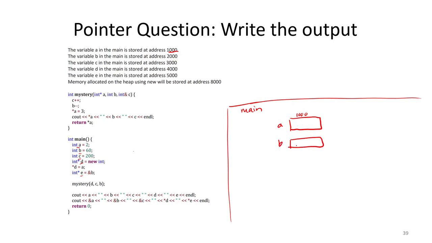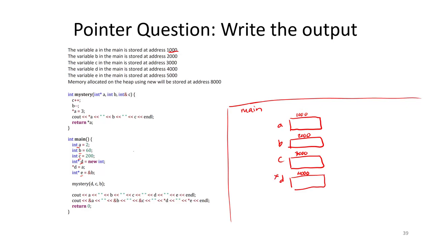Similarly, my variable b is stored at address 2000. Variable c is stored at address 3000. Variable d is stored at address 4000. Oops. So notice I'm just putting the memory address for that variable on top.